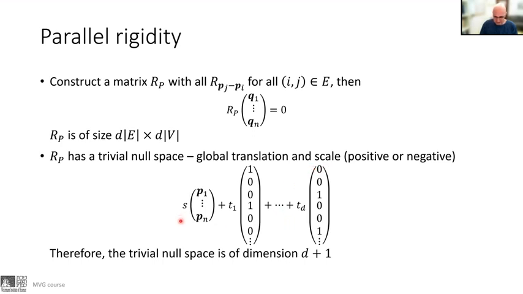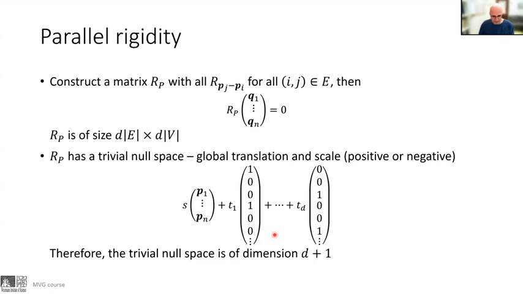The dimension of this null space is D plus 1. We have dimension D for translations and 1 for scale. Good. So overall, we got an equation system with a matrix DE by DV with a trivial null space of size D plus 1.